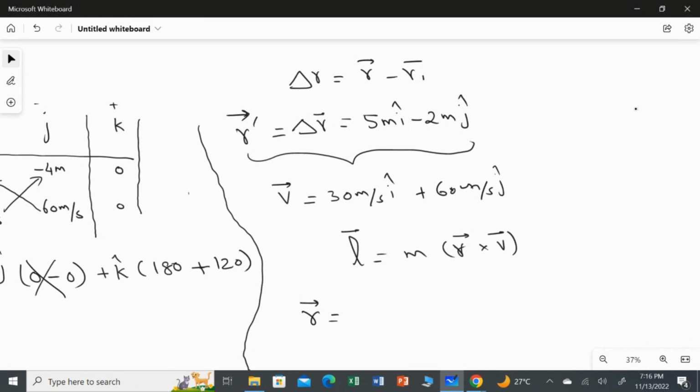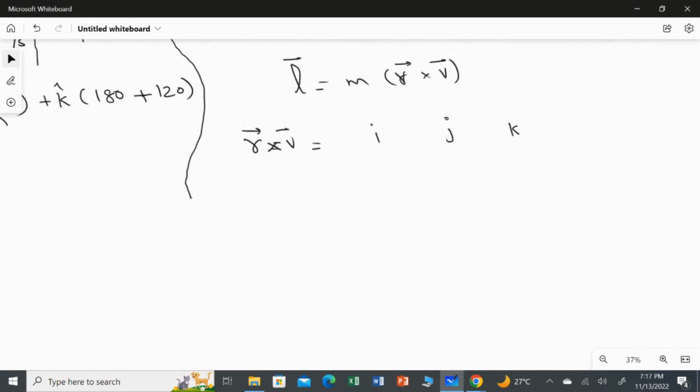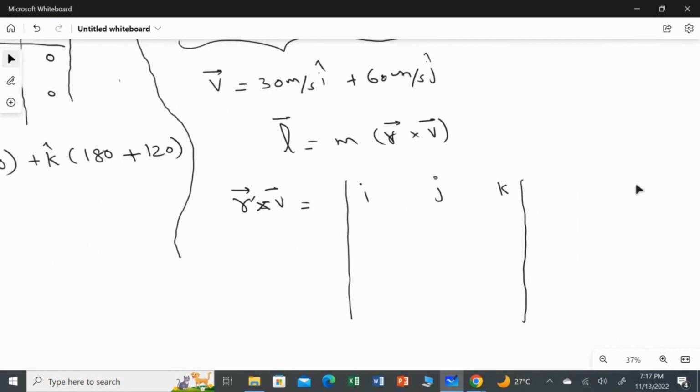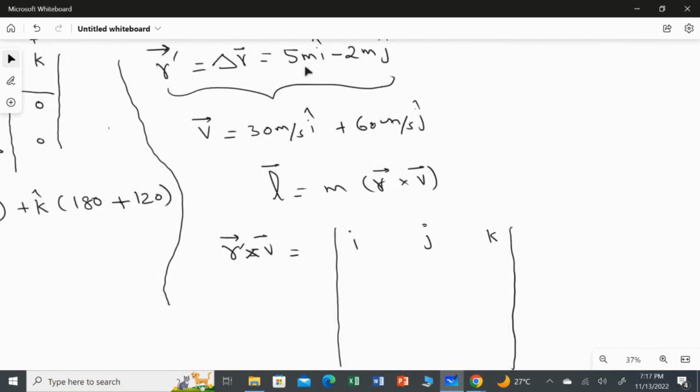So r prime cross v vector is equal to i j k. As I mentioned earlier, i has positive, j has negative, and k has positive. So I have to make the ijk method, and the components of the r prime vector: what is the r prime? i cap 5 meter, right?